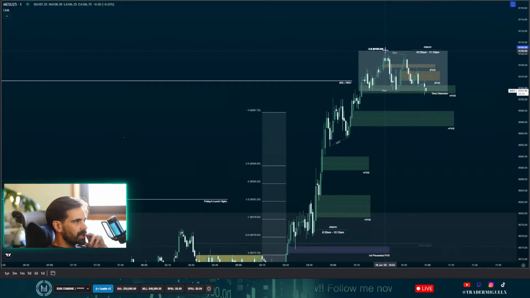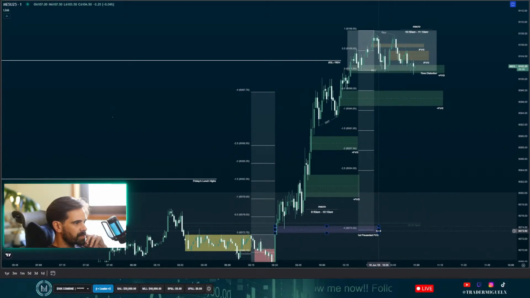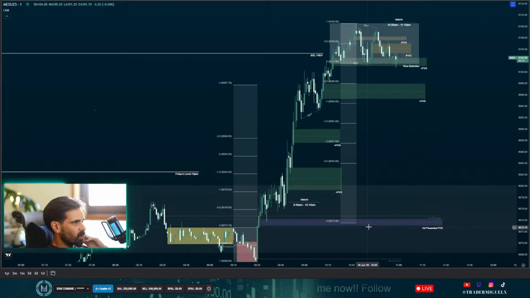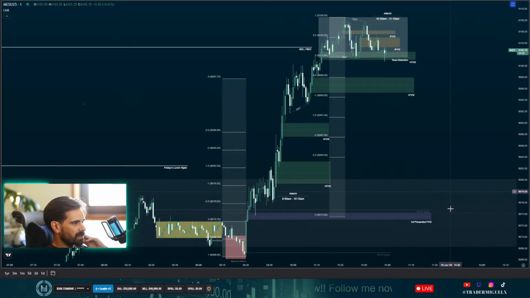If I would take a measure of projection here, the first presented fair value gap should be a nice, clean target. It's kind of funny how the last portion of the projection is right at the first presented fair value gap and the midpoint of the end walk, which is this shaded area here.